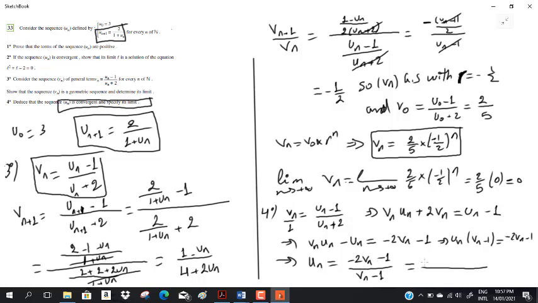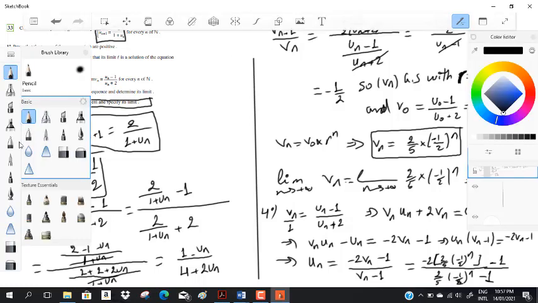Because now I can replace Vn by its value: minus Vn, 2 over 5 into minus half power n, minus 1 over Vn, 2 over 5 into minus half power n, minus 1. Now I found Un in terms of n, and I can calculate its limit.